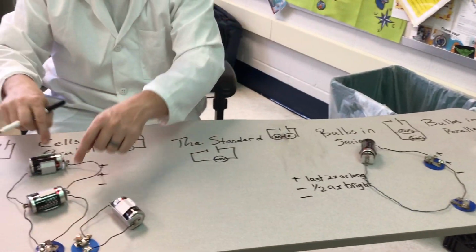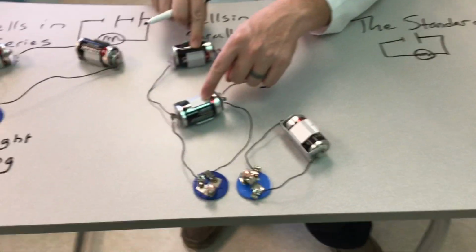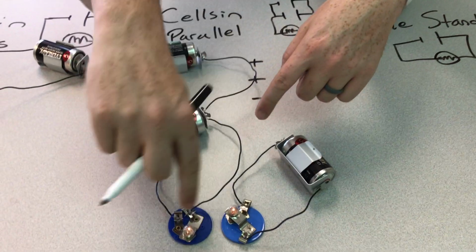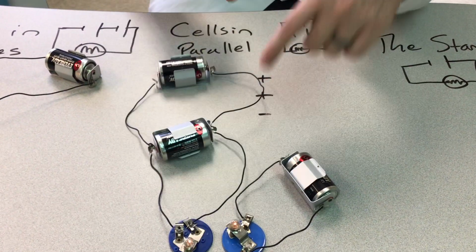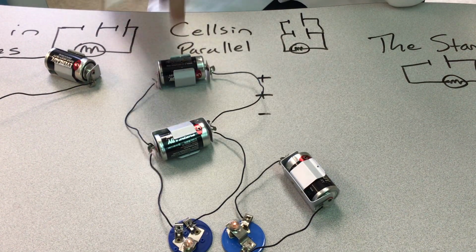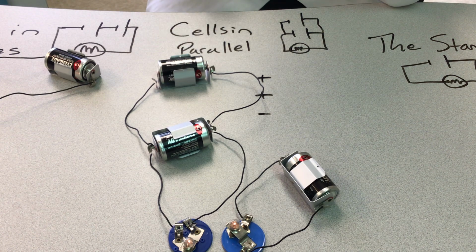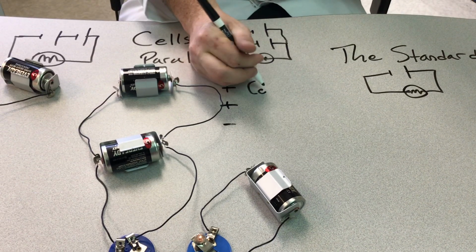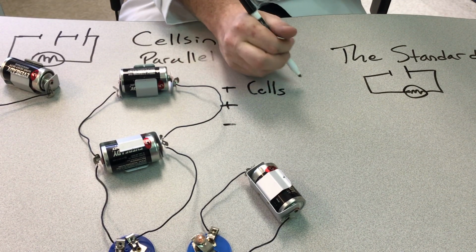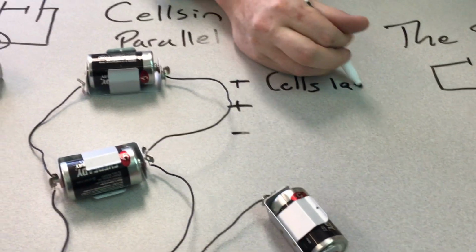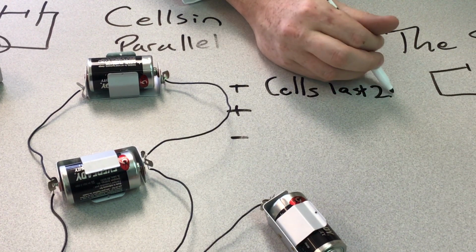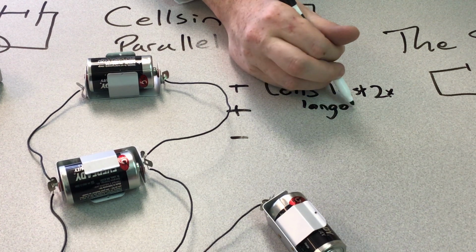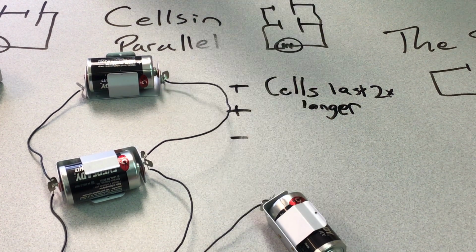It sure seems that the cells are talking to each other and saying, hey, I'll send half the amount of energy and I will send half the amount of energy to get the same brightness. So the positive in cells in parallel is the cells last 2 times longer than the standard.